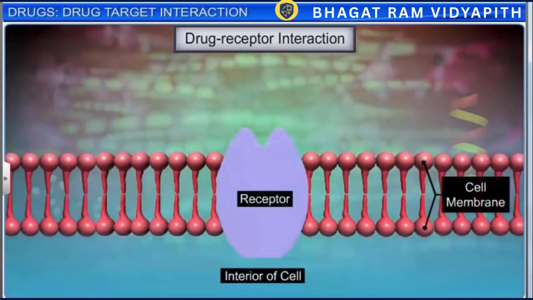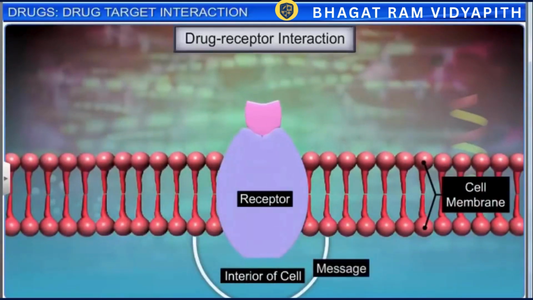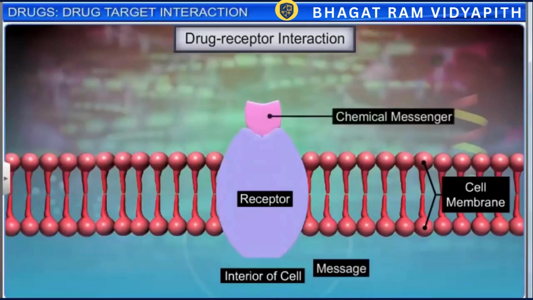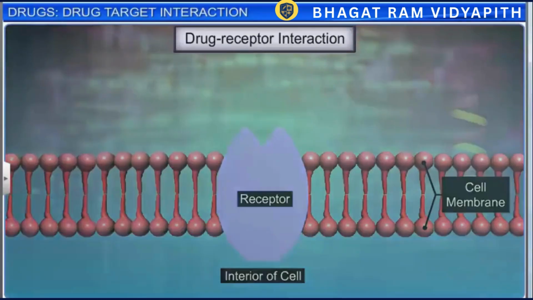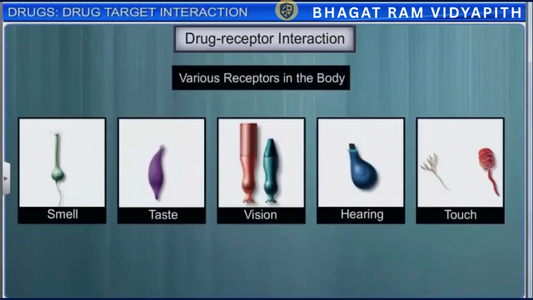The active site of a receptor changes its shape slightly to accommodate a chemical messenger. Once the chemical messenger moves away from the receptor, the active site regains its original shape. Thus, the chemical messenger gives the message to the cell without entering it. There are a large number of receptors in our body.